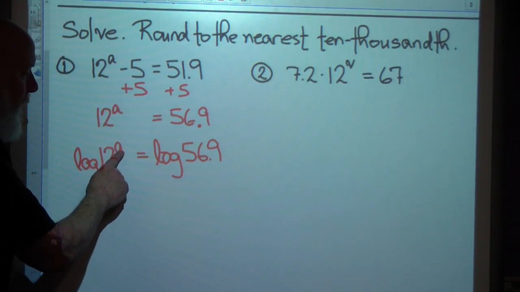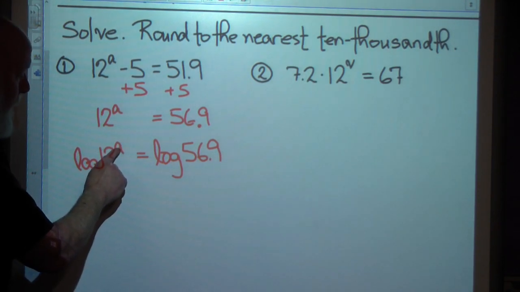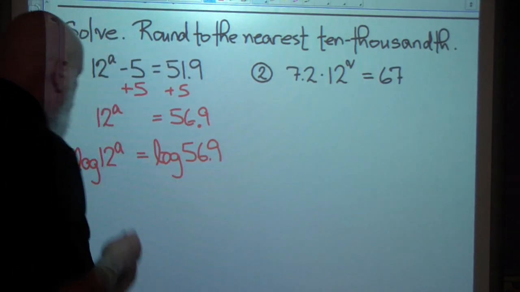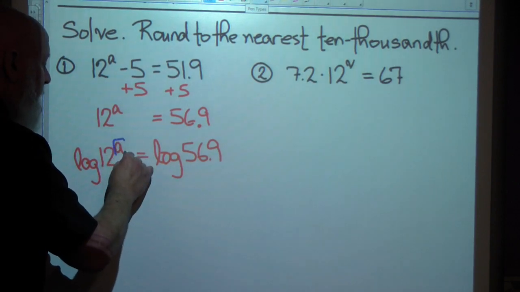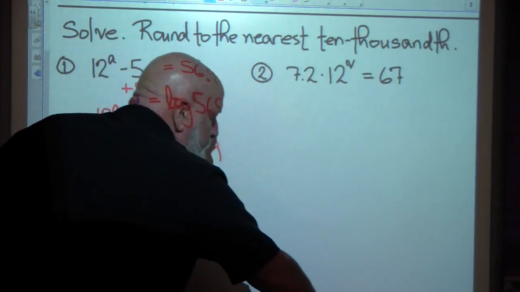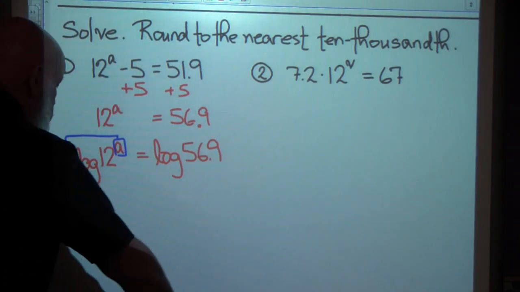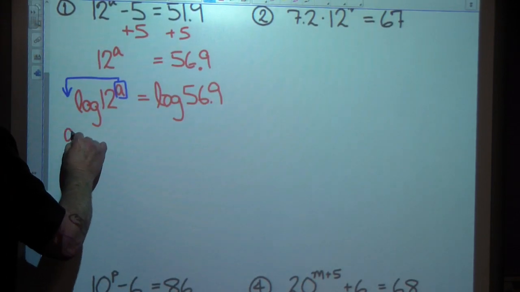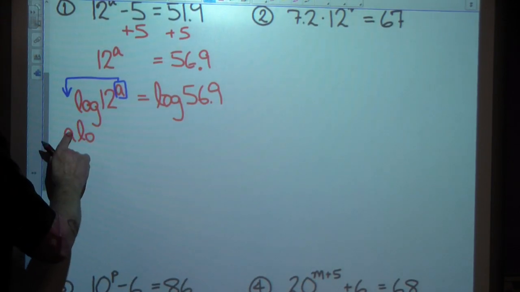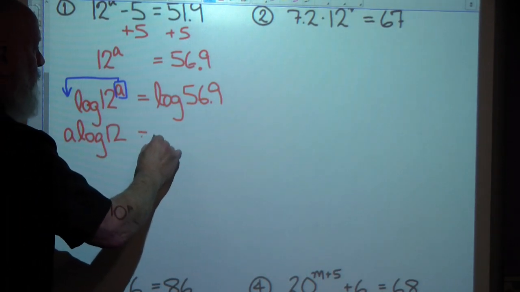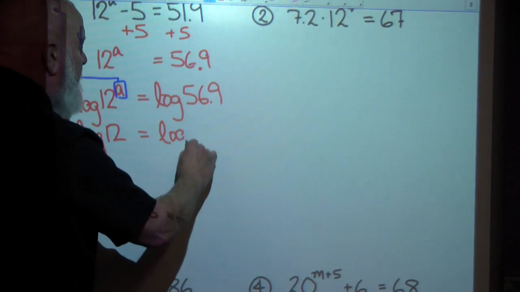I can use the power property to move this exponent from a position of an exponent to a position of a coefficient. So that's what I'm going to do. I'm going to take this a, my variable that I'm trying to solve for, move it from an exponent to a position of a coefficient. So I'm going to wind up with a times the log of 12, notice it got physically a little bit bigger, is equal to the log of 56.9.